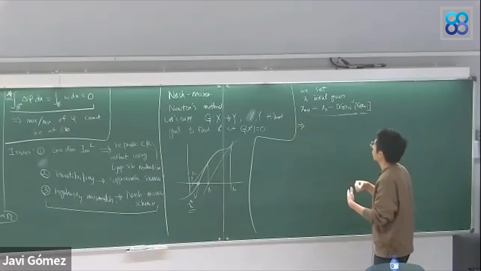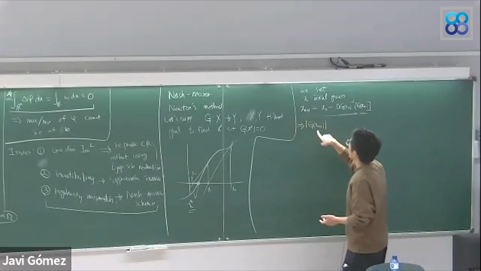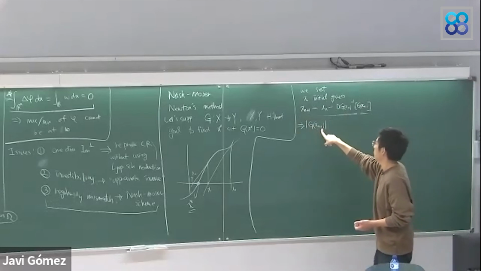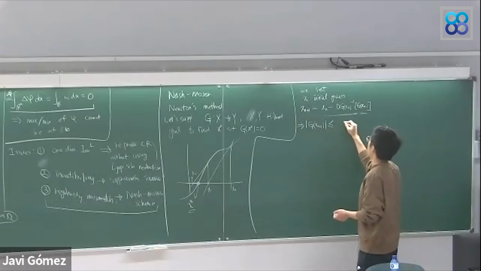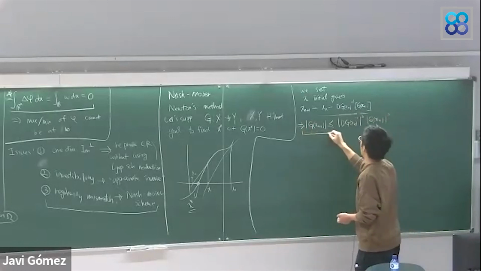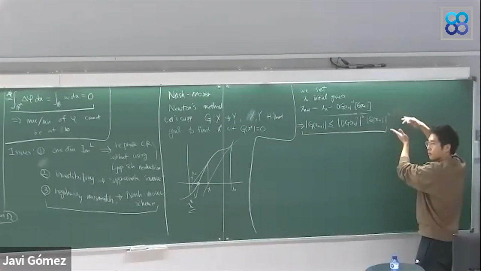Then if you look at the size of g at the next approximate solution, it's very typical to show that this is bounded by dg of x n inverse norm squared times g of x n squared. I skip the computations of how we get this, but I think this is very typical.